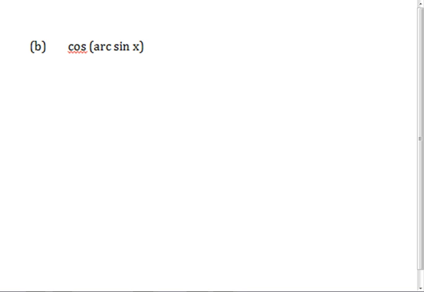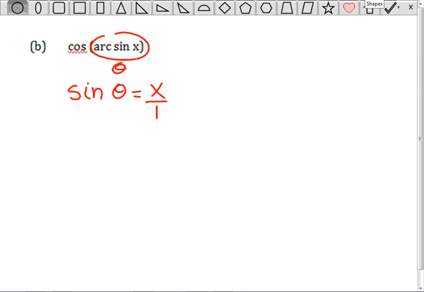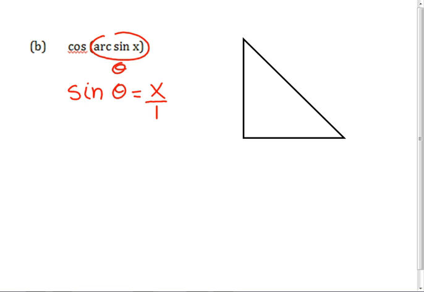Matt, what does this mean? This is an angle. Write that differently. What would that look like? Means the sine of, and I would like to write x as a ratio. It's x over what? 1. Okay, so I'm going to draw my triangle. That's the right triangle.